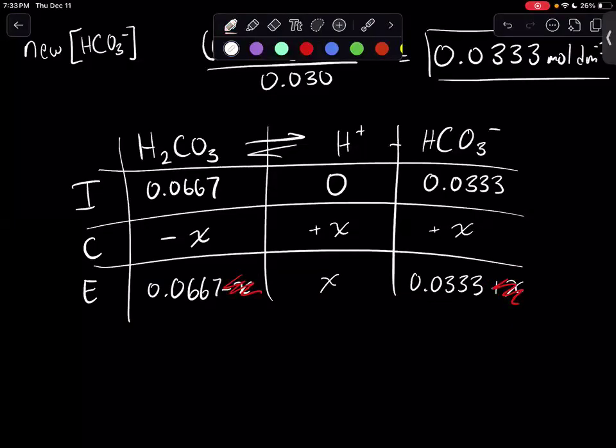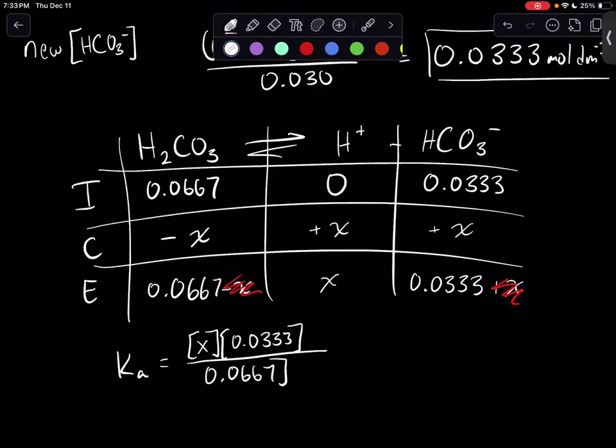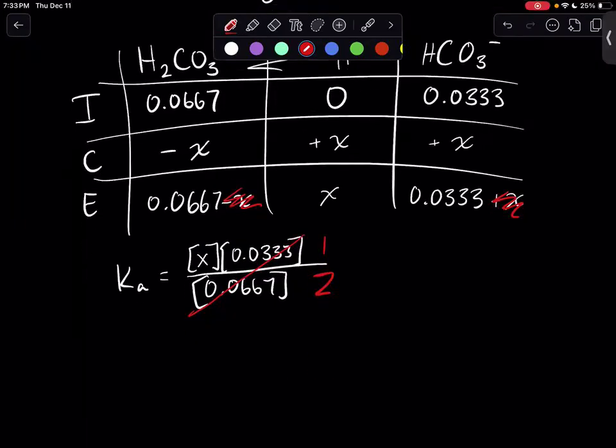set up our Ka. Ka is equal to our H plus value, which is x, times our bicarbonate value, which is 0.0333, divided by 0.0667. What you may recognize is these essentially cancel out to 1 over 2. And so what we actually get is Ka is equal to x over 2.